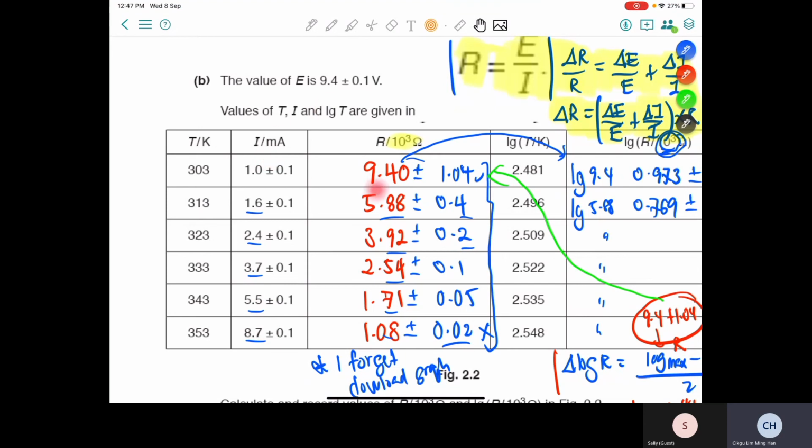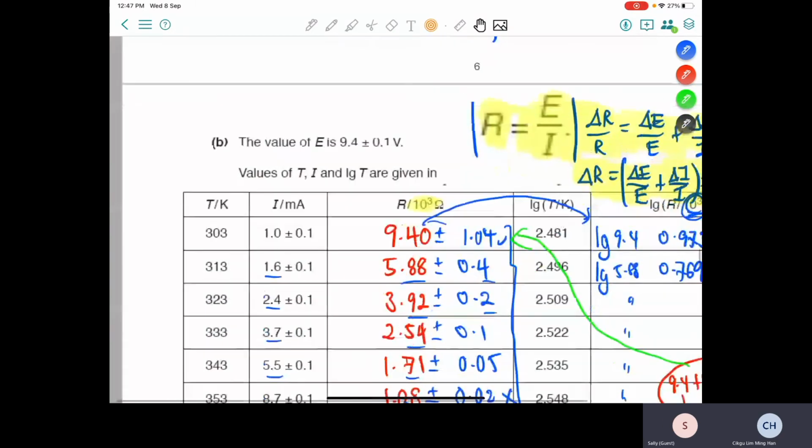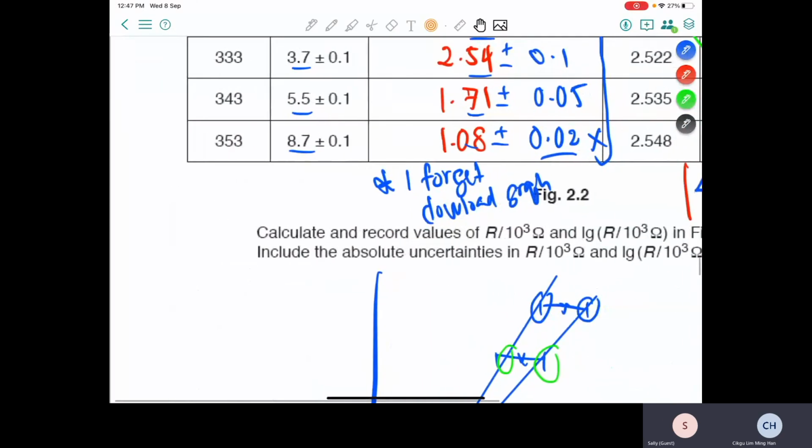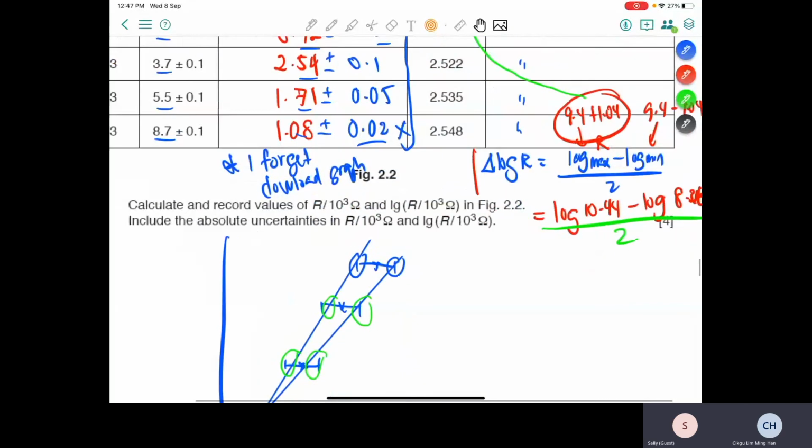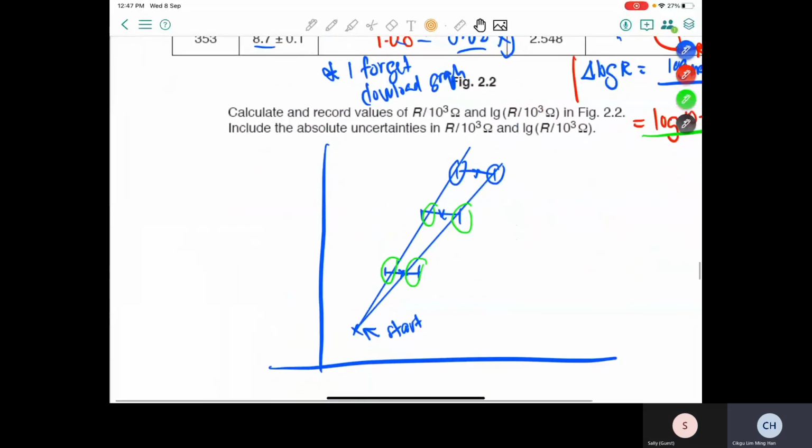No, when calculating the absolute uncertainty of the resistance. Do we have to put 1.0 times 10 to the power of -3? Okay, let me show you here. Since you asked already, I show you here.